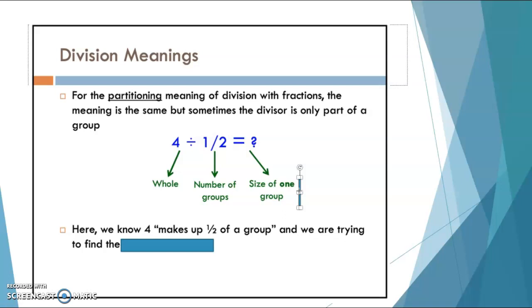So with this equation, we know 4 makes up half of a group, 4 divided by half, and we're trying to find, say it with me, the size of one group, right? So start to see the repetition. When you're trying to find aligned children's literature, we always know rhyming and repetition is helpful and kind of clicks into the children's memory, right?